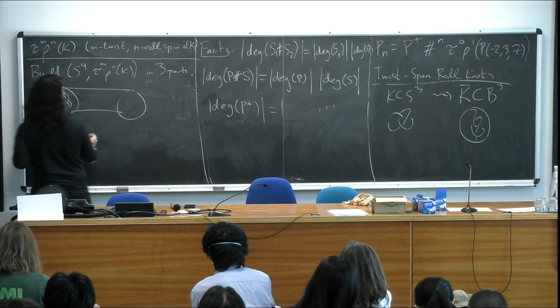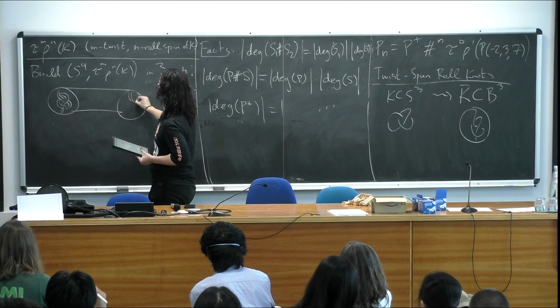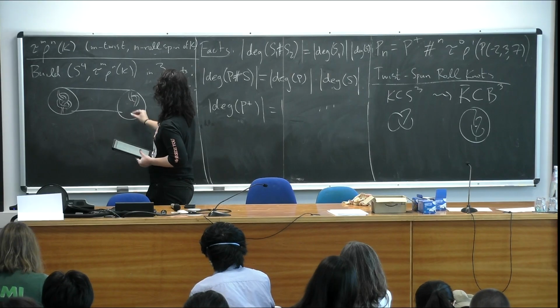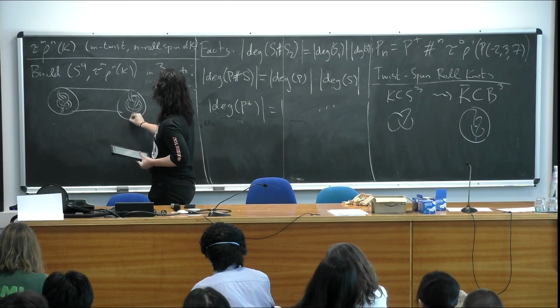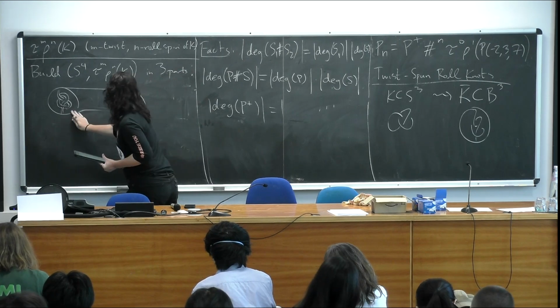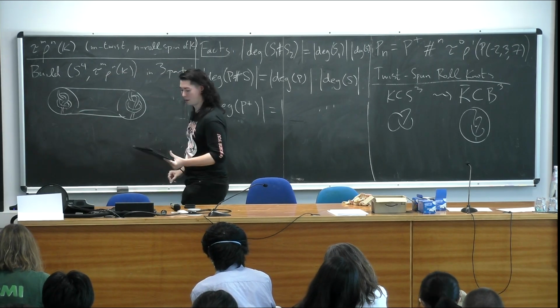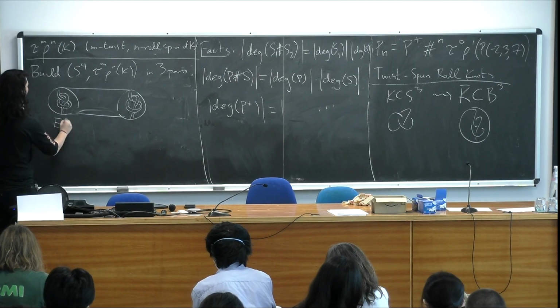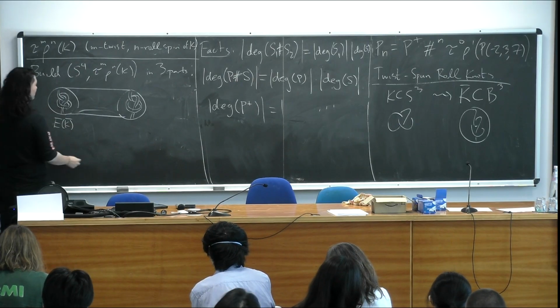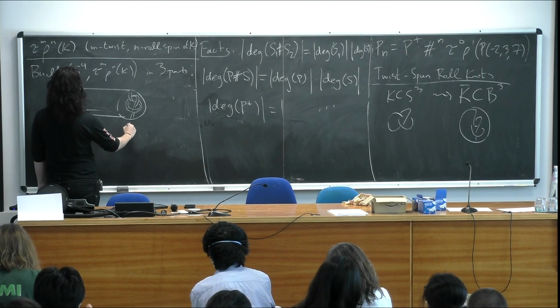Okay, great. So what I've taken is the exterior of K bar inside of B3.